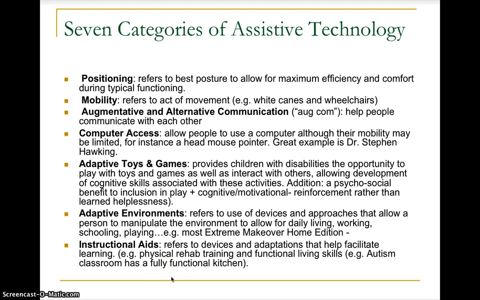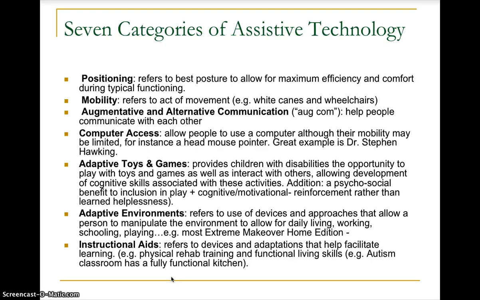We can also talk about adaptive environments. So any modifications, wheelchair ramps, lowering counter height, safety and security features like non-slip features in the bathrooms, all of those are adapting the environment. We can also talk about instructional aids, so things that help students learn functional behaviors and life skills.